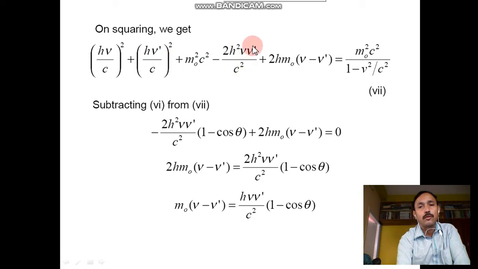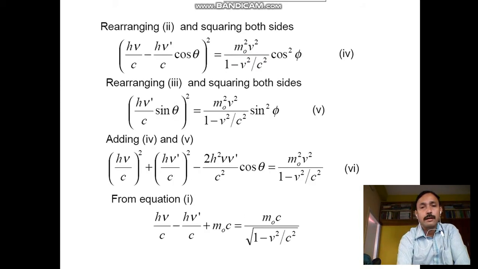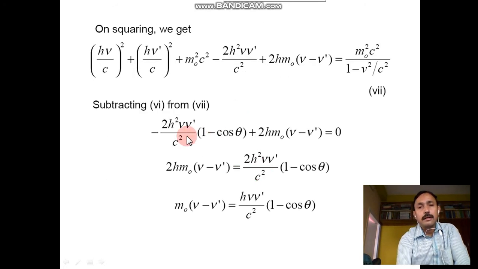This one will also cancel out. h square nu dash by c square will be common, so this one becomes 1 minus cos theta. After the simplification, the equation becomes minus 2h square nu dash by c square (1 minus cos theta) plus 2h m naught (nu minus nu dash) is equal to 0.